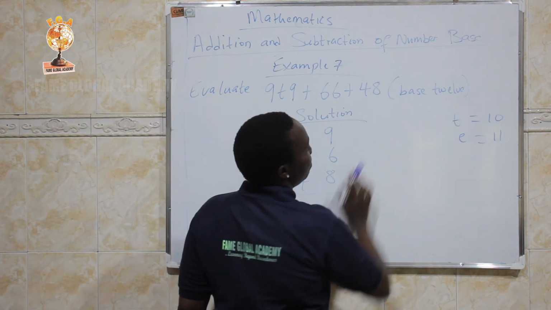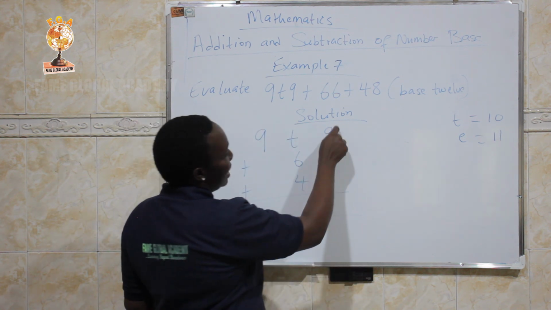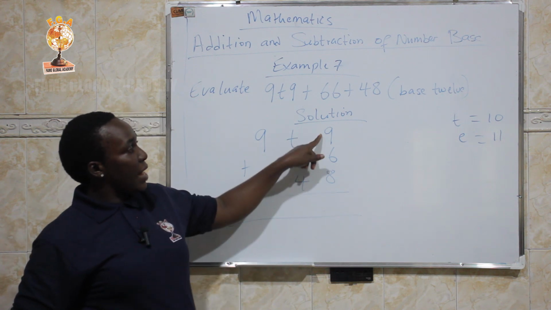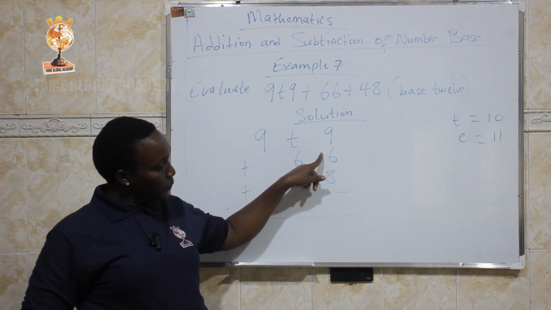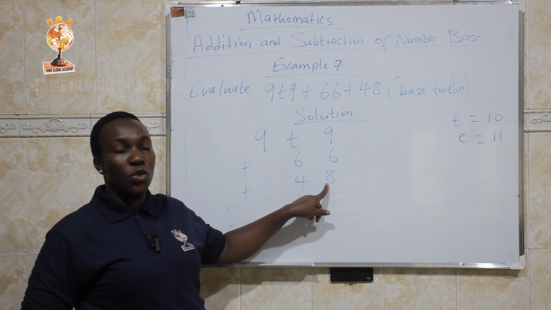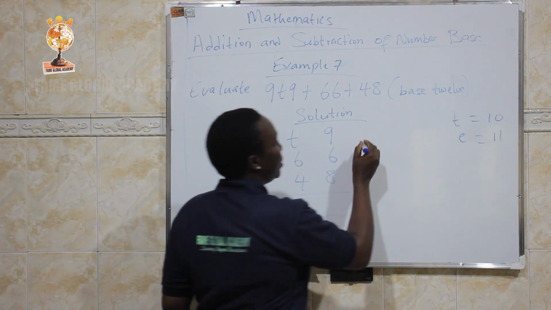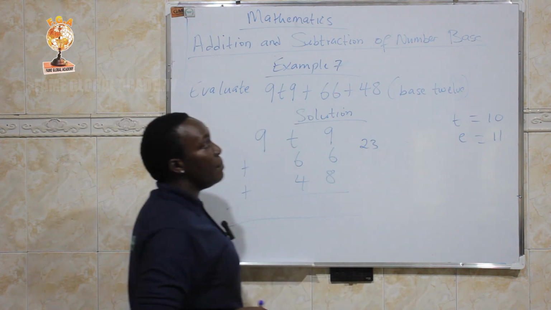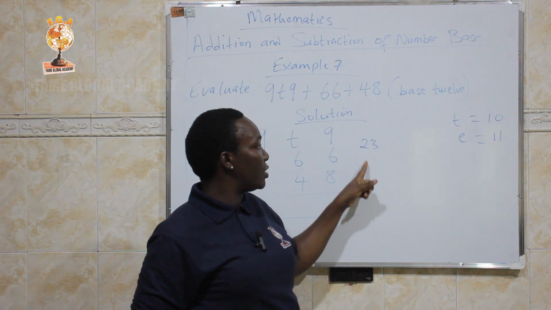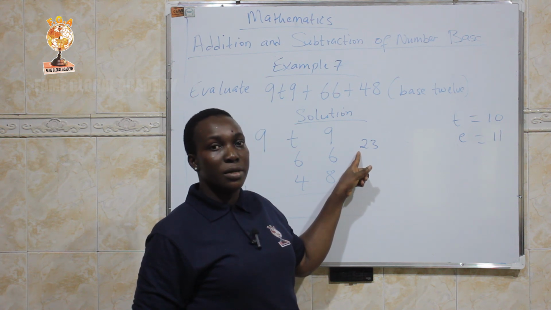Remember, we are working in base 12. So 9 plus 6 plus 8 will give us what? 9 plus 6 is 15, right? 15 plus 8 will give us 23. So we are having 23. But remember, we are working in base what? 12. So we are going to subtract 12 from 23.